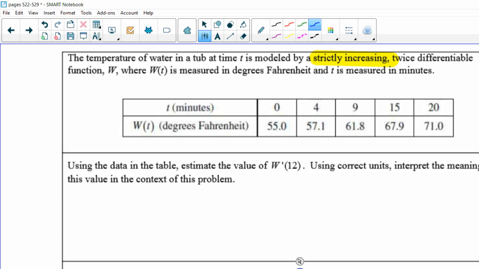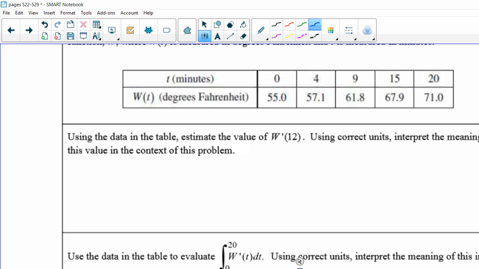Using the data in the table, estimate the value of W prime of 12. How are we going to do that? How do we approximate a derivative from a table? No, not going to do a Riemann sum. Slope of the secant line. Slope of the secant line.